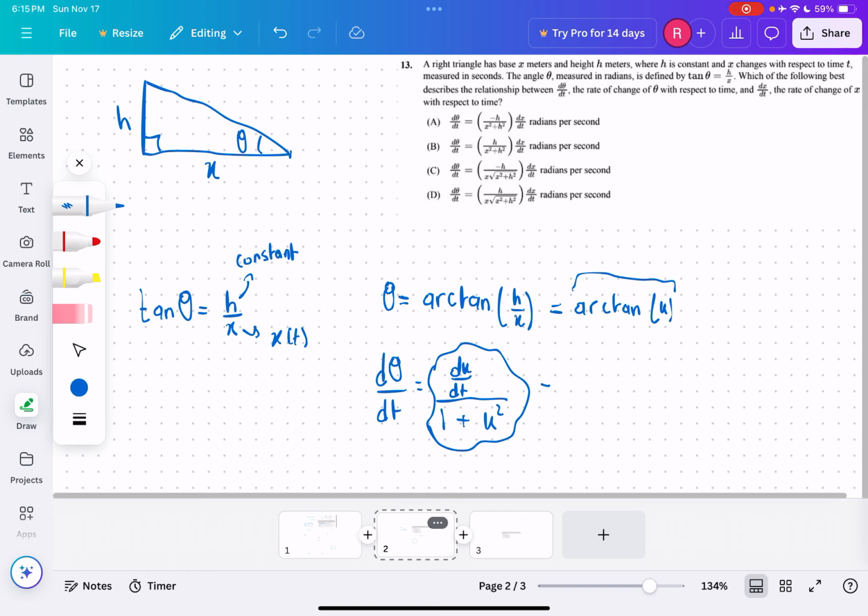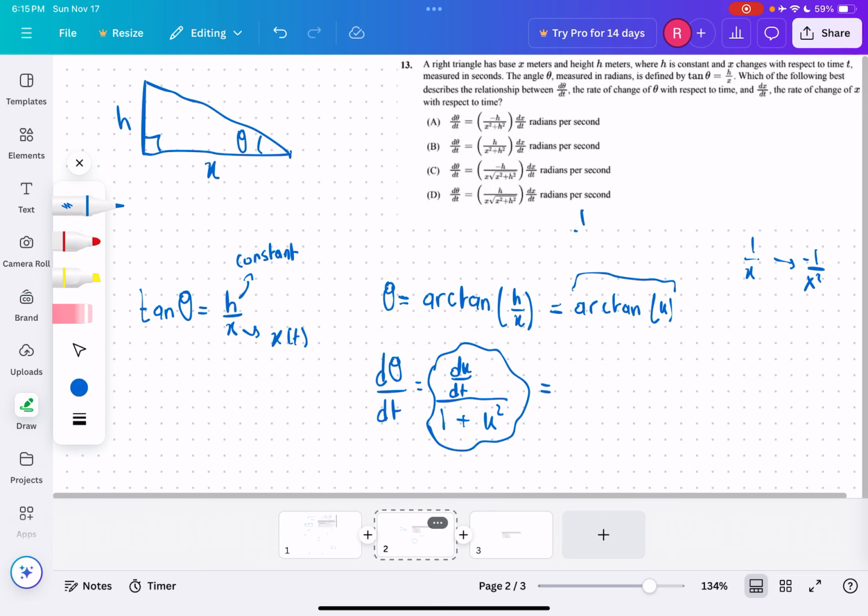That being said, the derivative of h over x, since x is the function that we're talking about and h is a constant, means we're literally finding the derivative of 1 over x. Now, the derivative of 1 over x is going to be negative 1 over x to the power of 2. If you don't know how to derive 1 over x, just move x from the denominator to the numerator and change the exponent to minus 1.